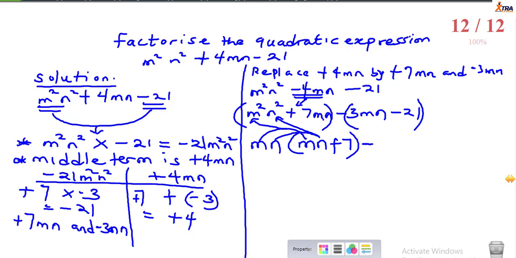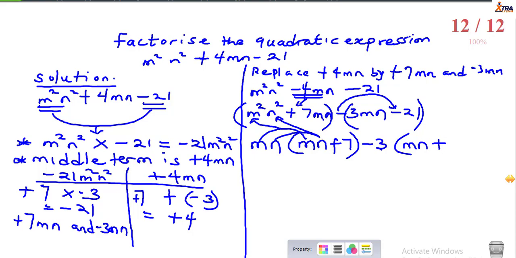Then you have the minus sign here, which I'll write. Then here the common factor, because 3 can divide itself, leaving you no remainder. 3 can divide itself, so 3 is our common factor, which I'll bring out. Then I'll open the brackets. The bracket has mn left. Then remember what I said last time: be careful with this last part. You have minus and minus, and that will give me the plus I have here.